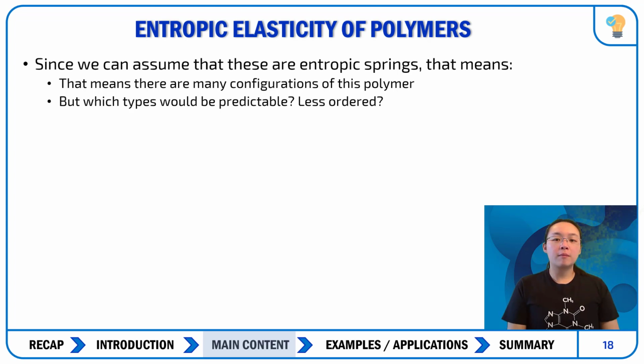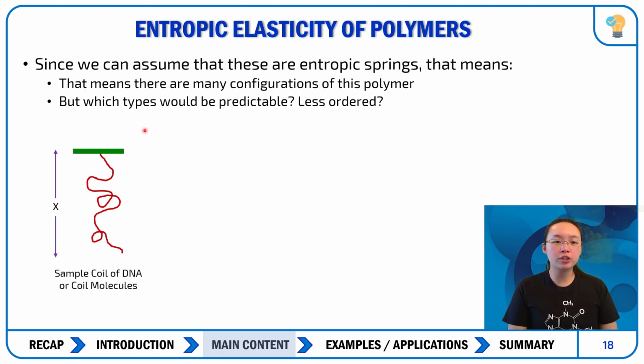So since we can assume these are entropic springs, it means that A, there are many configurations of the polymer, and B, we have to figure out which configurations are higher in entropy and therefore higher in multiplicity and probability.